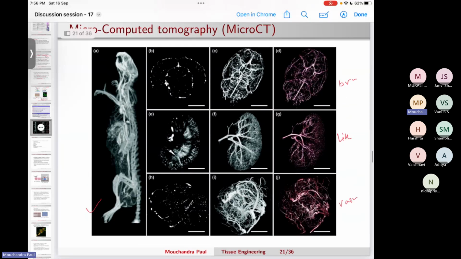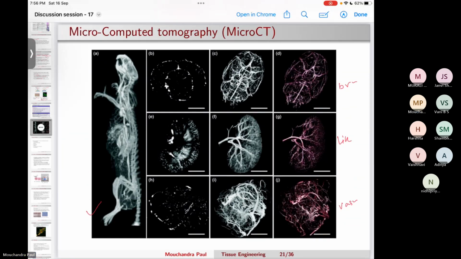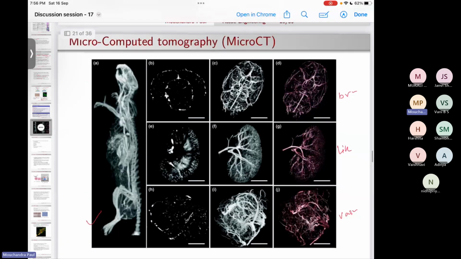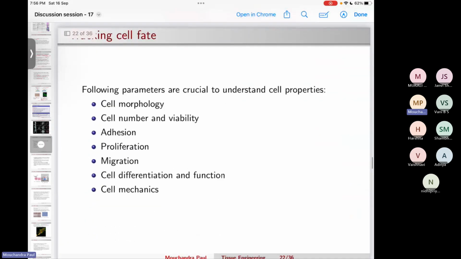From this slide onwards my screen sharing stopped, correct? Okay, fine.